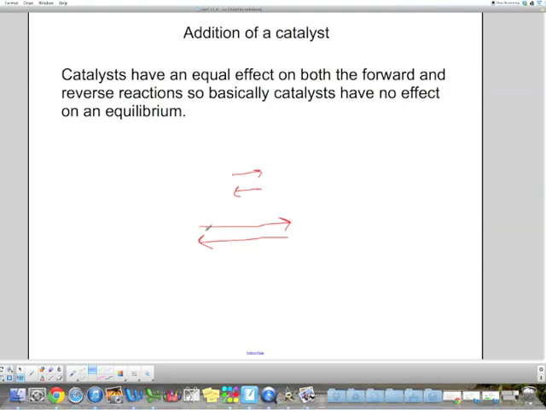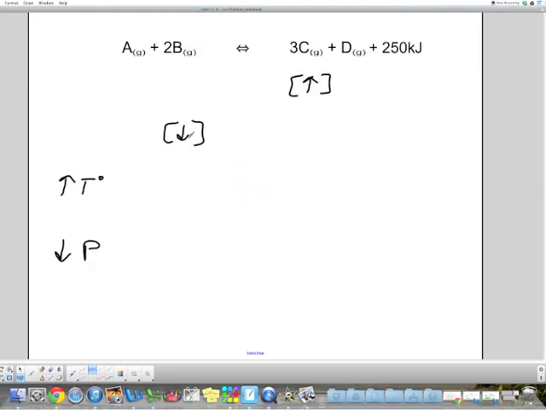So now, as a little review, let's take a look at this. We're going to go over concentration, temperature, and pressure all at once. And if you're able to fill out a table like this on your own and get it all right, you understand the whole principle. So my change here is an increase of C. I'm increasing the concentration of C. What does that mean?